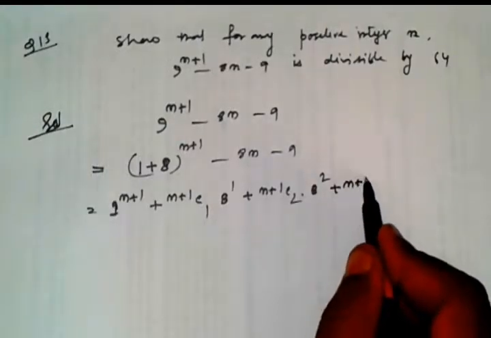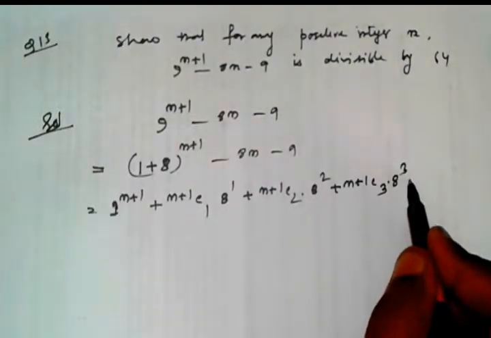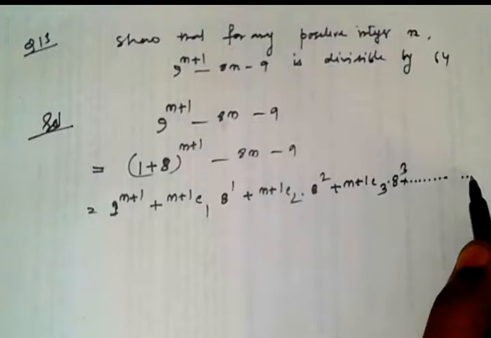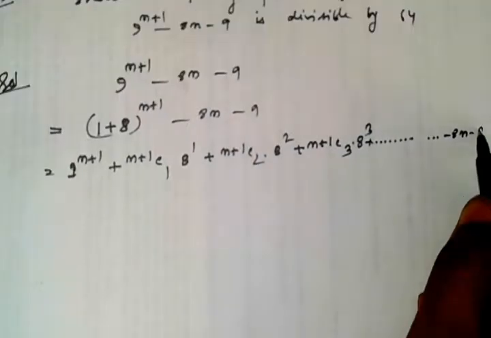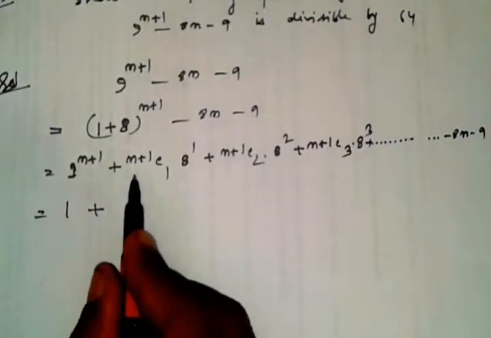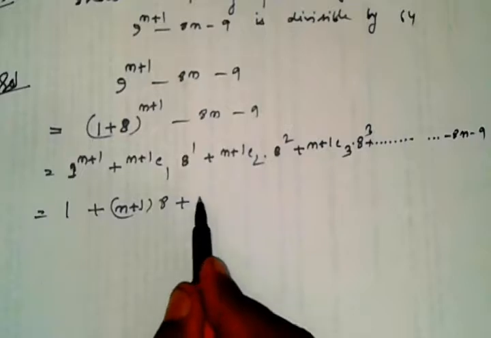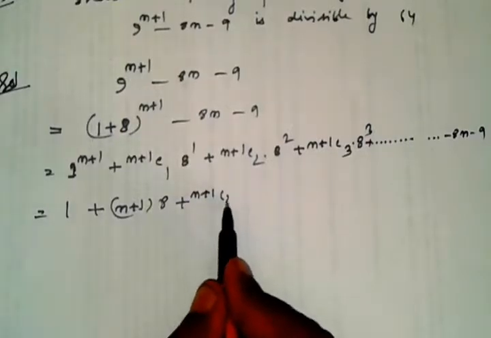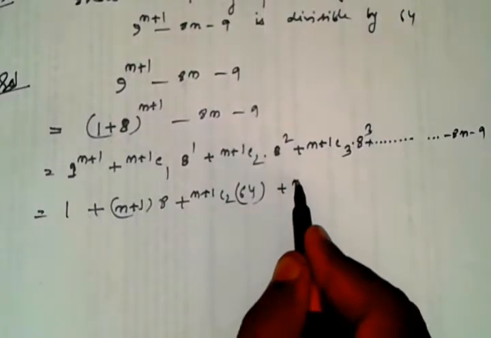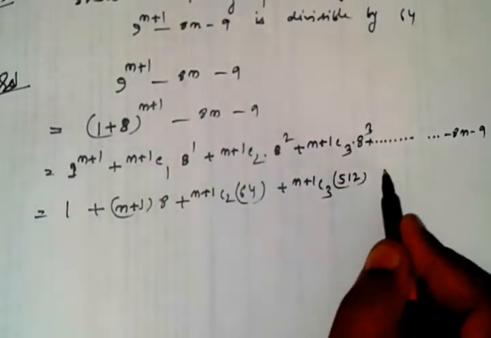Next n plus 1 C3 with 8 cubed, and so on. Last, minus 8n minus 9. So 1 to the power 1 is 1; n plus 1 C1 means n plus 1 times 8; n plus 1 C2 times 64; n plus 1 C3 times 512.